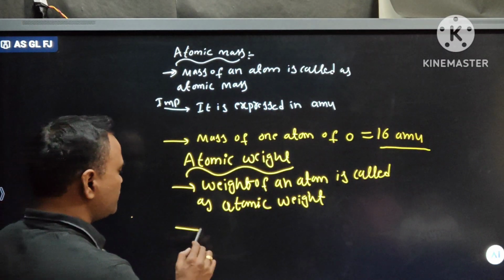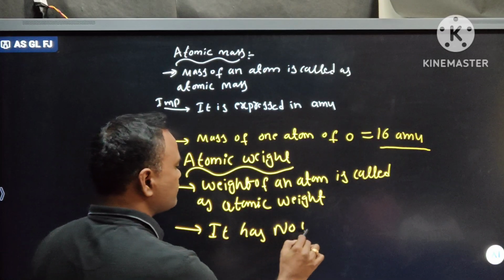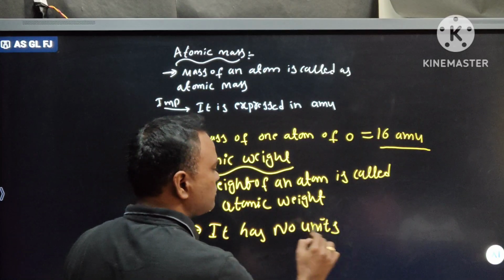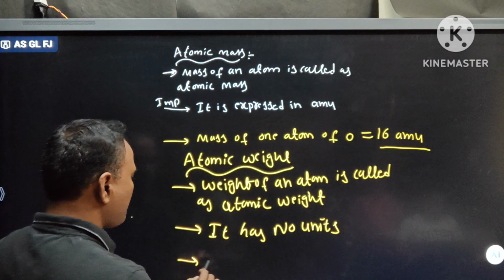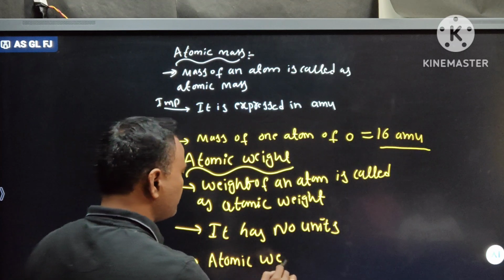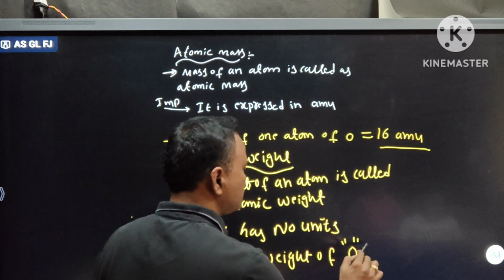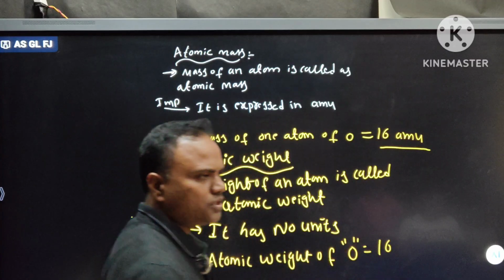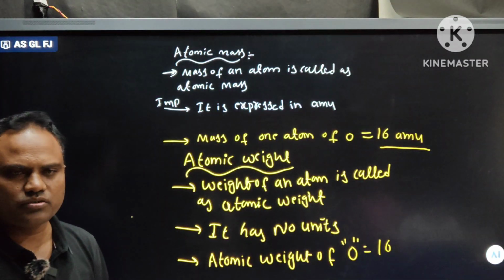It has no units. Atomic weight has no units. For example, atomic weight of oxygen is equal to 16 only, without any unit. Atomic weight has no units.